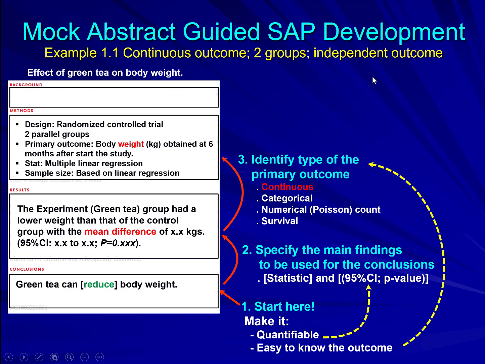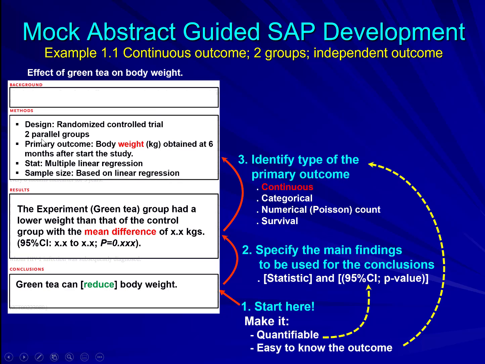You see, independent mean, parallel groups and measured only once at 6 months after the study start, and therefore to get the mean difference adjusted for the covariates that could affect the difference. This is the multiple linear regression. And then the sample size calculation will be based on the linear regression.